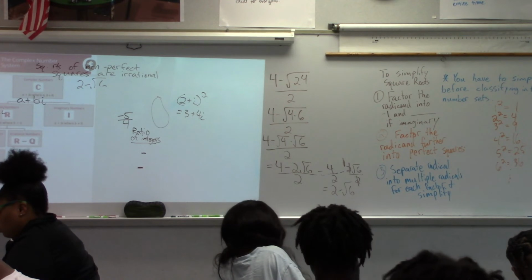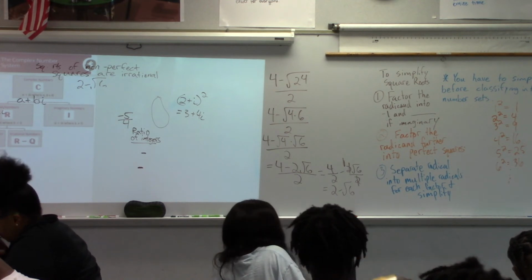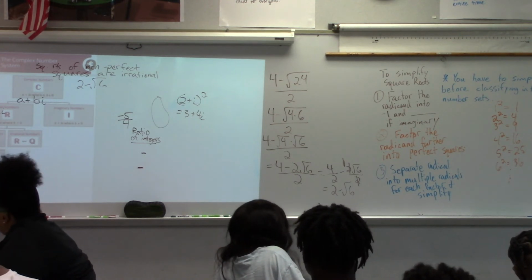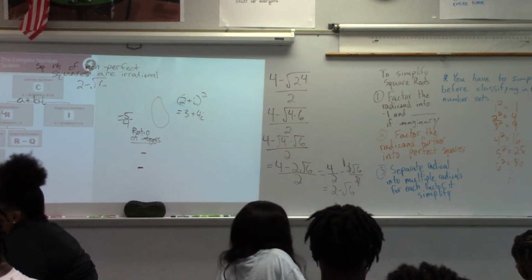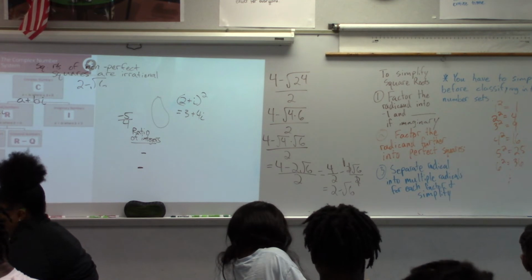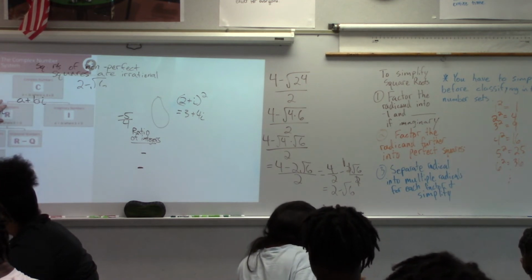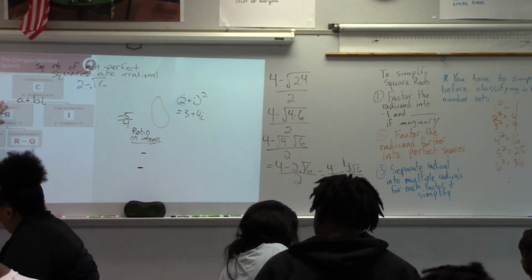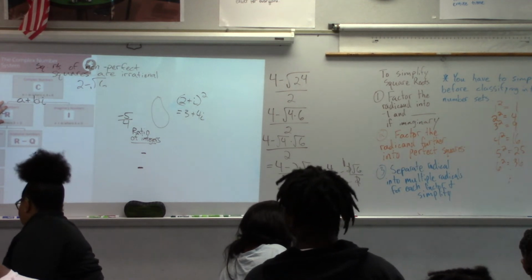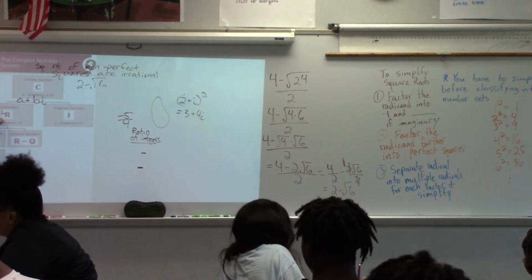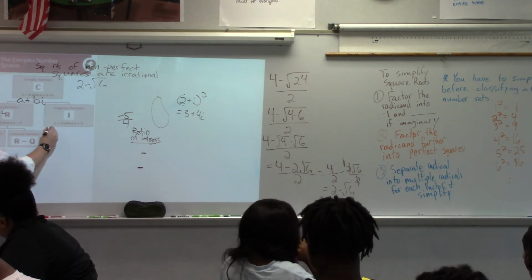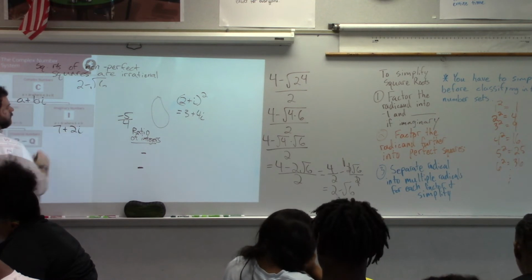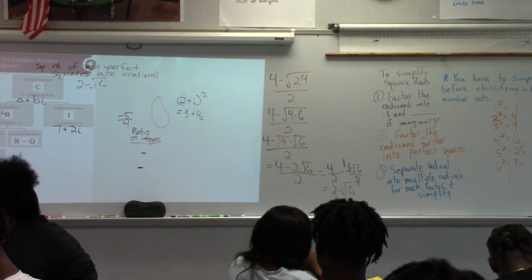Not a 1. Look at what the details say in the book. 0. If I put a 0 here, what's 0 times i? 0. So that imaginary part goes away. So that would still be a real number. We want to notice that all real numbers have a 0 for the imaginary part. So if there is an imaginary part, it makes it imaginary.